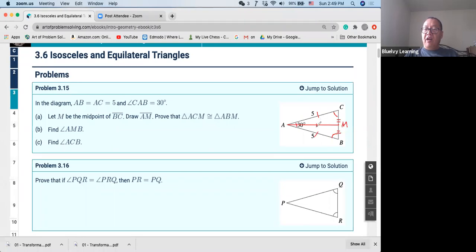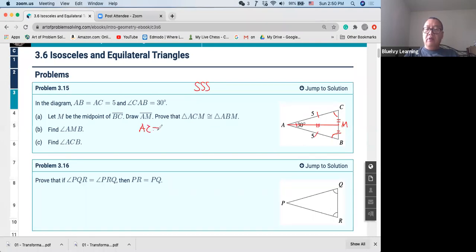Then we also have AM shared by these two triangles. So that means we can use SSS to prove these two triangles are congruent, right? You can just write like this.